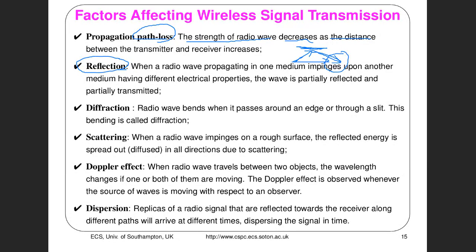So this effect is also called multi-path effect. All of these replicas of signal will arrive with different delays and different phase rotations and different powers. So that is very harmful for wireless communications.